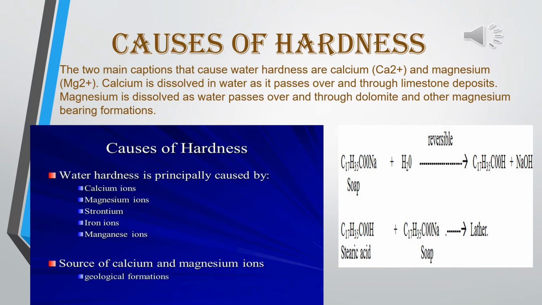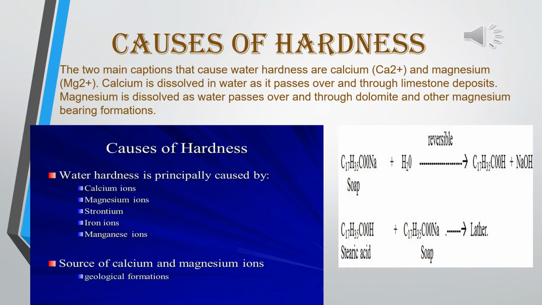So causes of hardness at a glance, you can say water hardness is principally caused by calcium ions, magnesium ions, strontium, iron ions, manganese ions. Source of calcium and magnesium ions: geological formations.